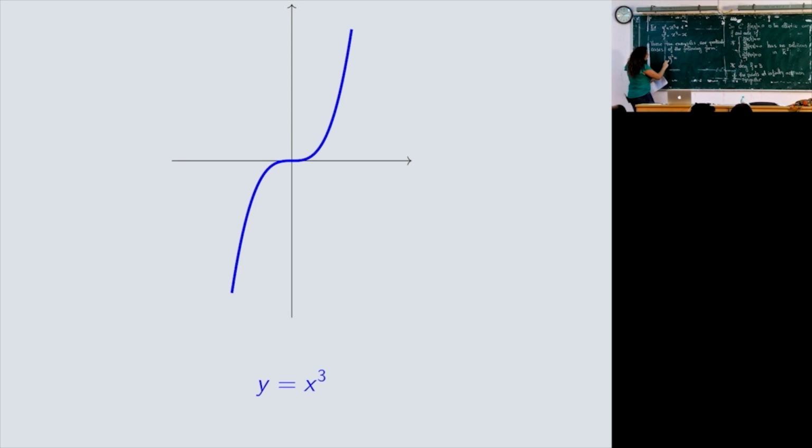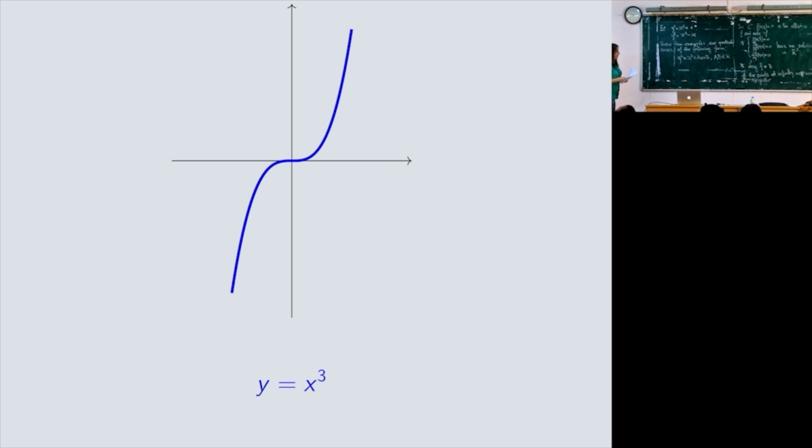The form y squared equals x cubed plus ax plus b, with a and b defined over our favorite field.